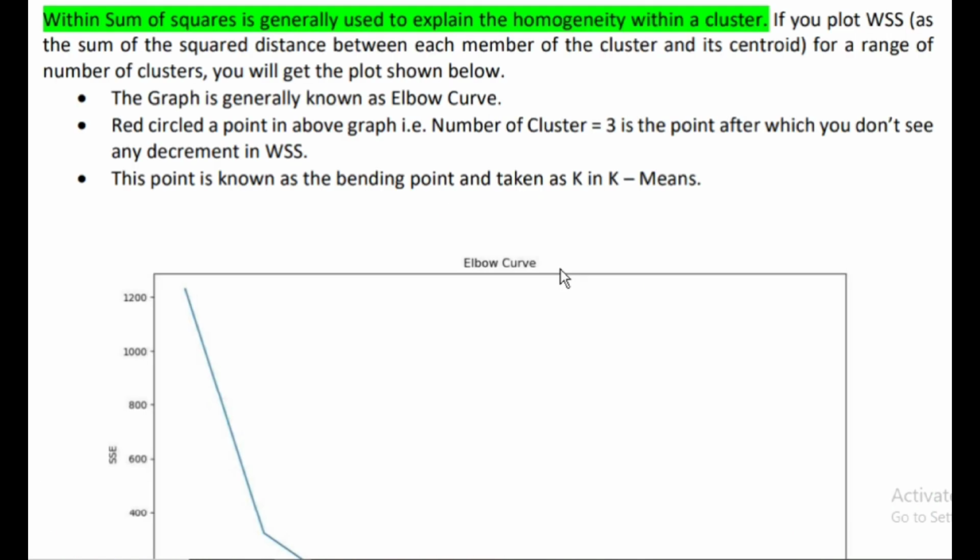The graph is generally known as the elbow curve. The red circled point in the above graph, number of clusters equal to 3, is the point after which you don't see any decrement in WSS. This point is known as the bending point and is taken as k in k-means. Elbow curve. This is the graph.